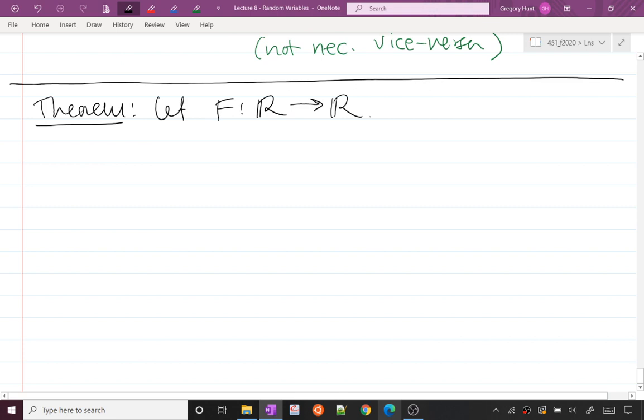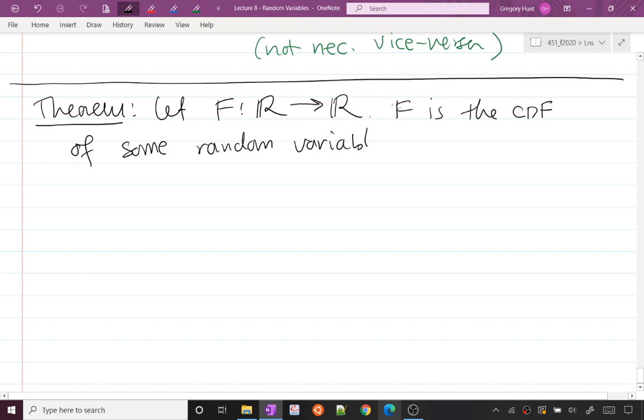We then can say f is the CDF of some random variable if the following three conditions are held.